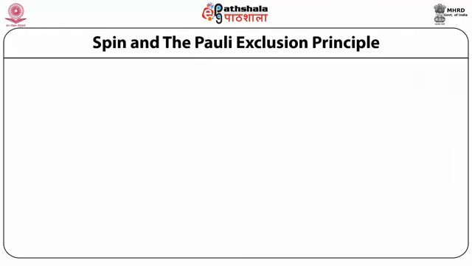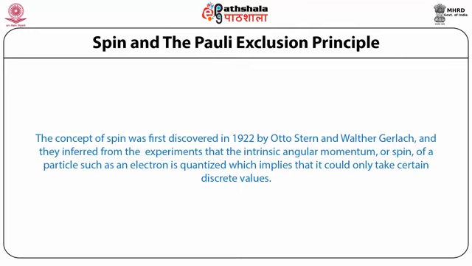Talking about spin and the Pauli exclusion principle, the concept of spin was first discovered in 1922 by Otto Stern and Walter Gerlach. They inferred from the famous Stern-Gerlach experiments that the intrinsic angular momentum, or spin, of a particle such as an electron is quantized, which implies that it could only take certain discrete values.